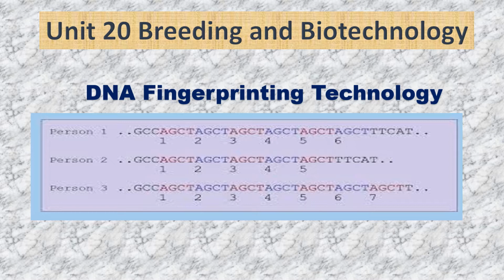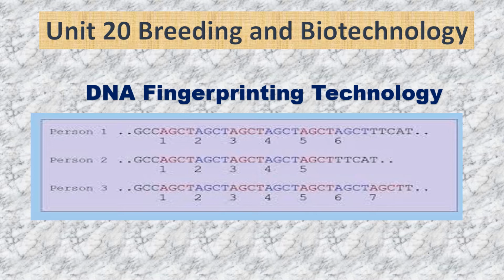due to small differences in the base pairs. Therefore, if we want to compare the genetic differences between two individuals, DNA fingerprinting is an easier and quicker method. This method was developed by Alec Jeffreys.